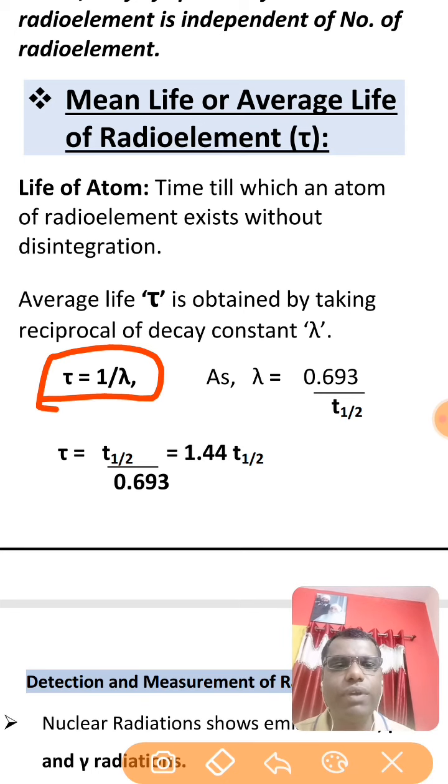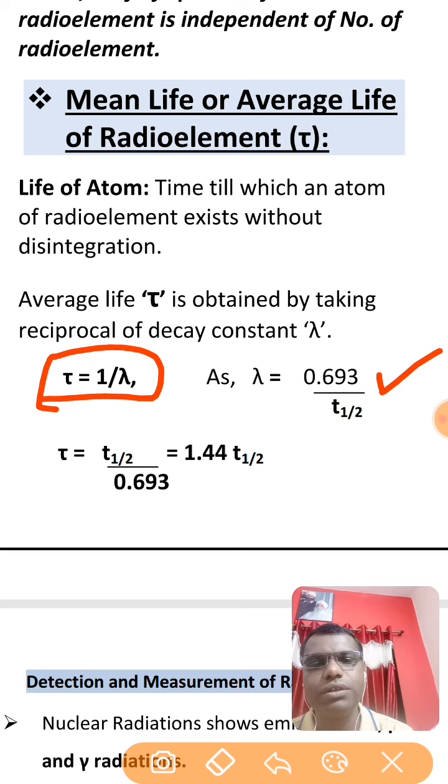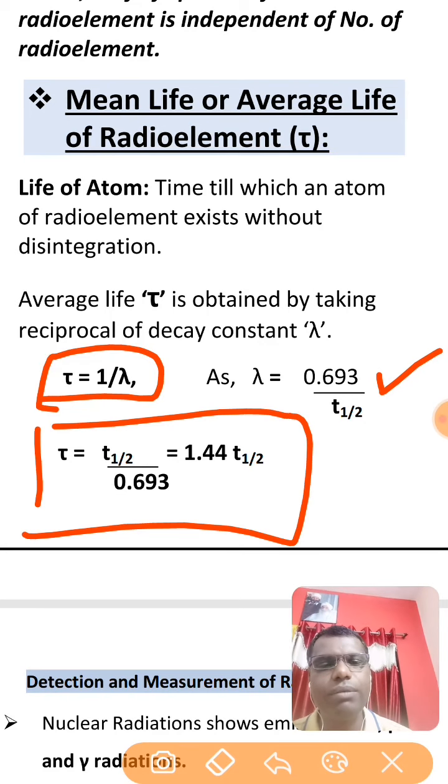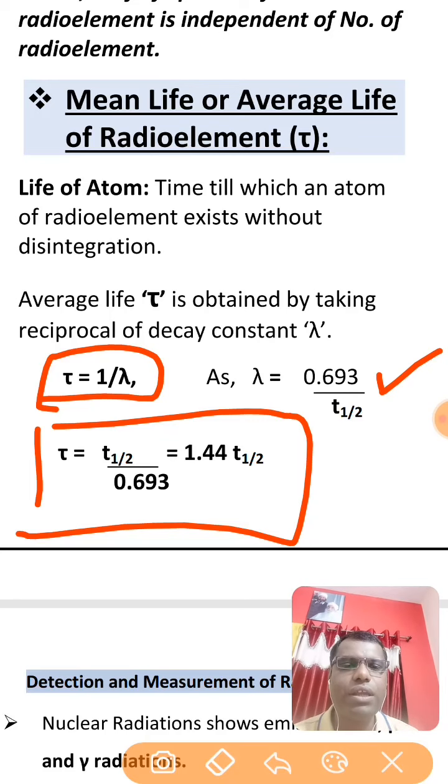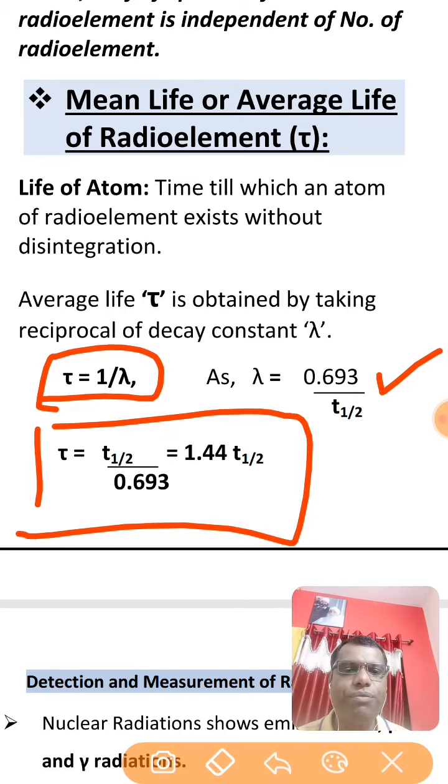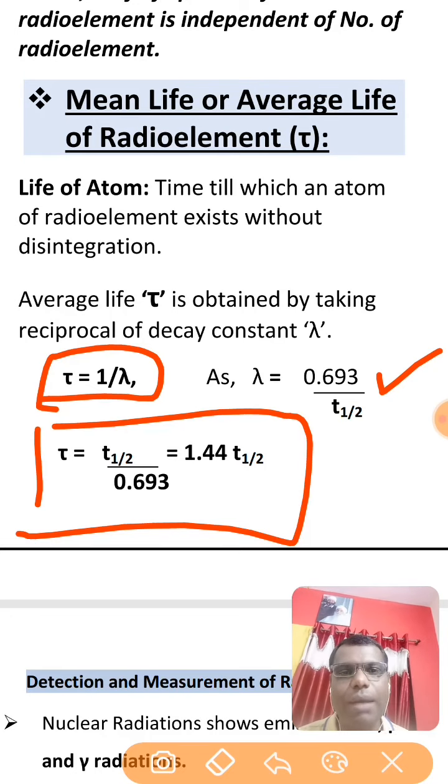If we put the value of lambda in this equation, we get tau equal to t1/2 divided by 0.693, and the reciprocal of 0.693 is 1.44. That's why the average time or the mean time is always equal to 1.44 times the half-life period.